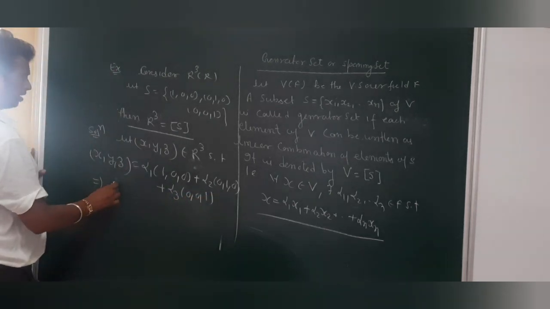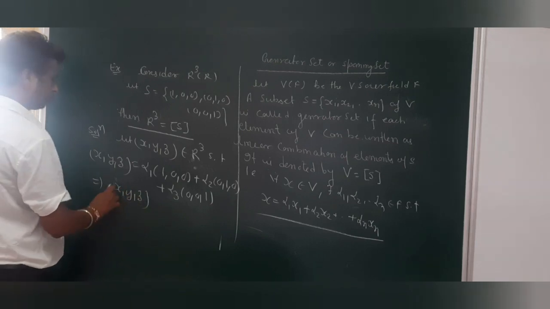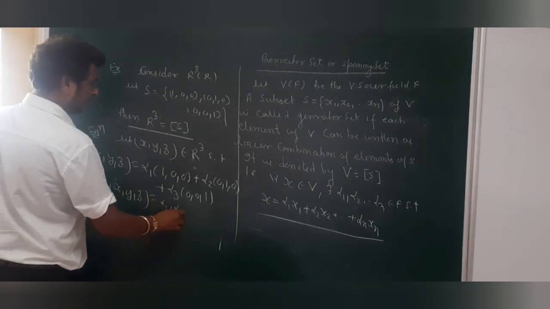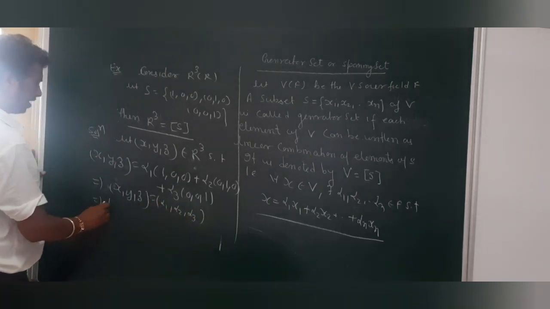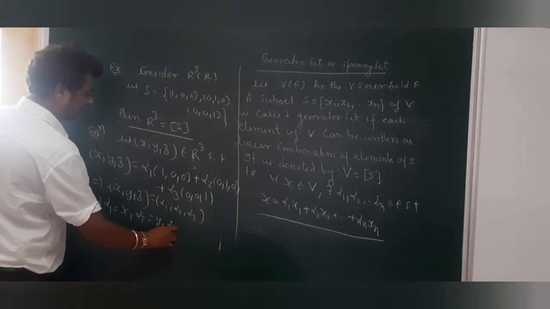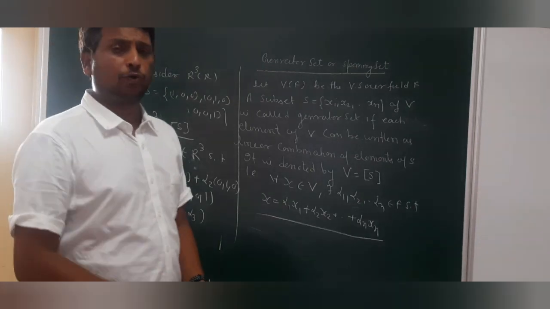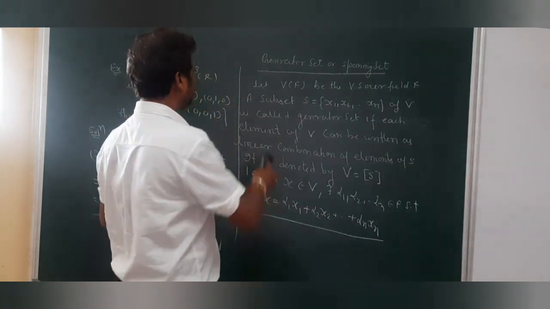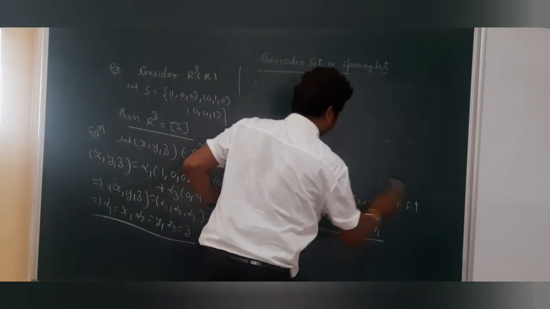So we get from here (x, y, z) equals (alpha 1, alpha 2, alpha 3). So it means alpha 1 is x, alpha 2 is y, alpha 3 is z. We got the values of alpha 1, alpha 2, alpha 3. It means S generates V.